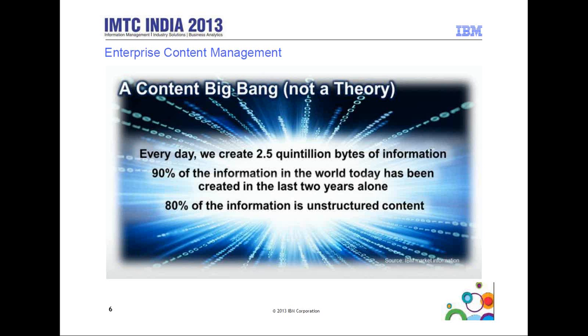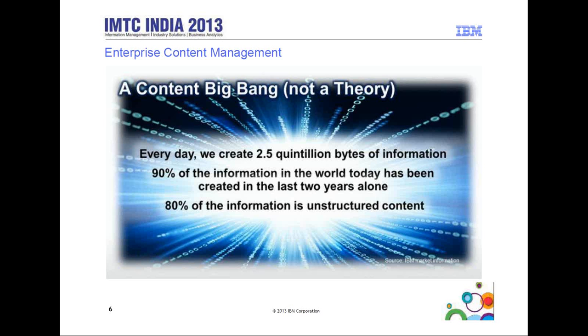A quintillion, another new word. Typically, I think a quintillion stands for 1 followed by 30 zeros in the British analogy. So, for example, 2.5 quintillion bytes of information are getting created every day. To explain what a quintillion is, if you can store 1,000 copies of a Shakespeare book in one DVD, you can stack these DVDs from Earth to Moon twice.